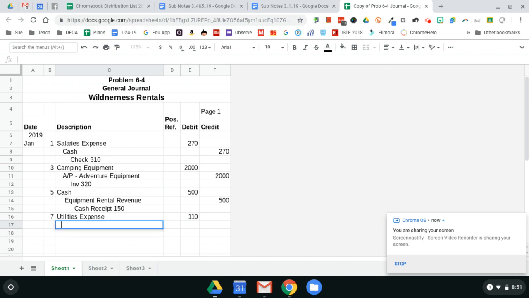And we wrote a check. So we know that cash is the credit. And it was check number 311. They generally go in order. So here's 310, here's 311.